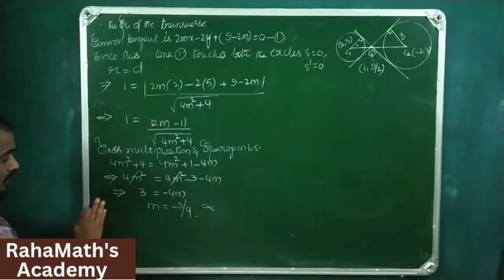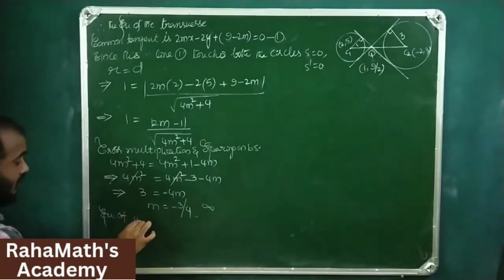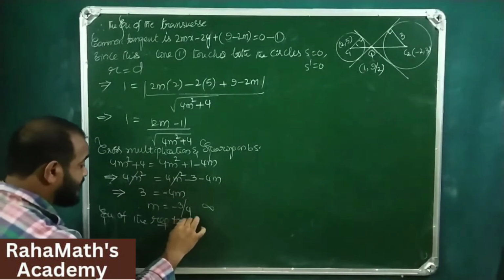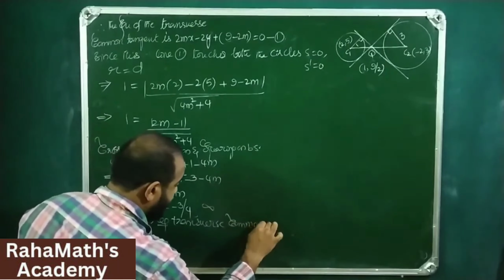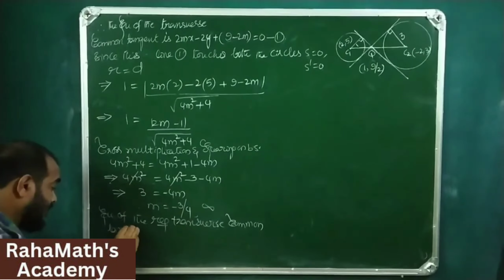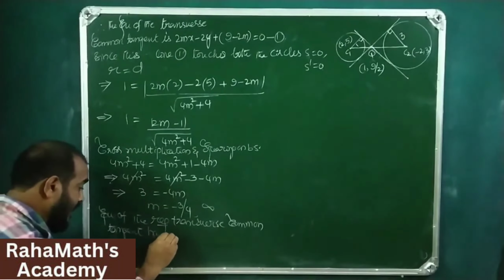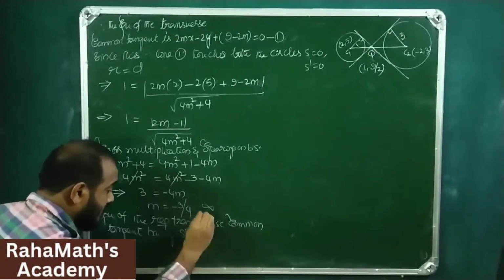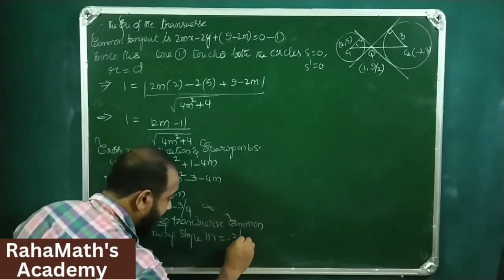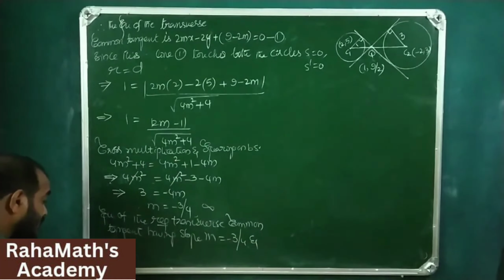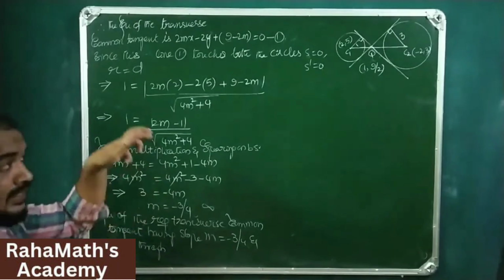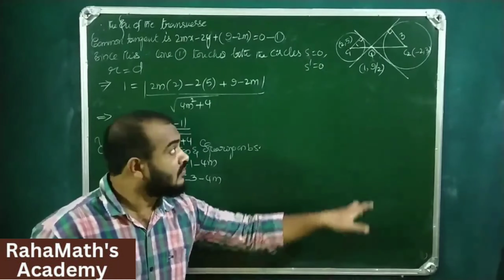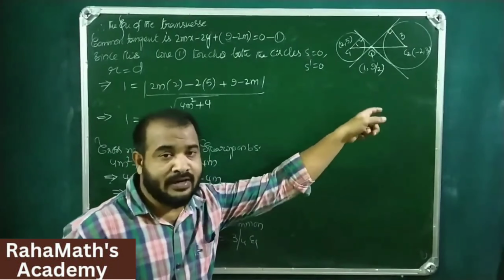So now the equation of the required transverse common tangent having slope m equal to minus 3 by 4 and passing through, since this is the transverse common tangent, it must pass through the internal center of similitude Q, which is (1, 9 by 2).